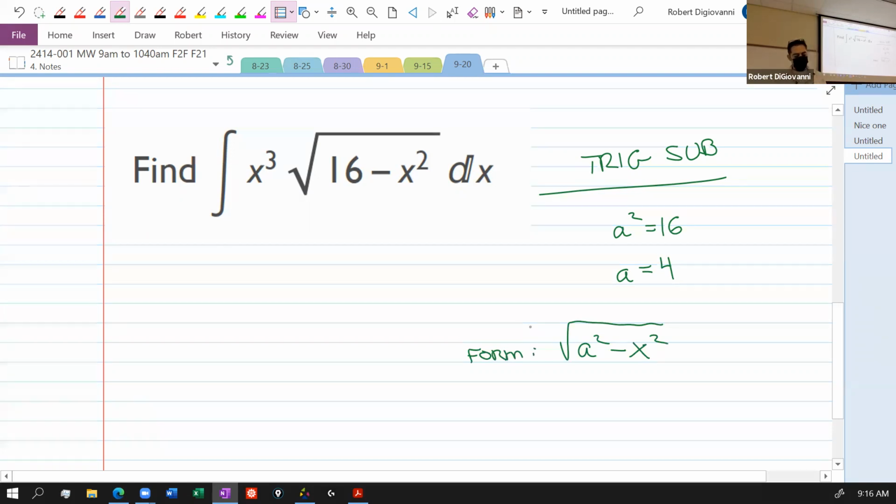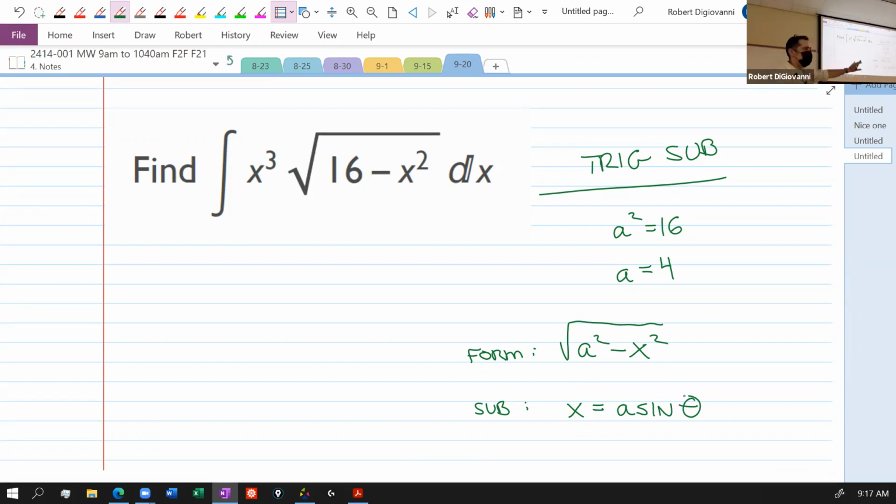And because I see that form, the trig sub I'm going to make is x equals A sine theta, which for us is 4 sine theta. Okay, so I think I'm ready to go with this.